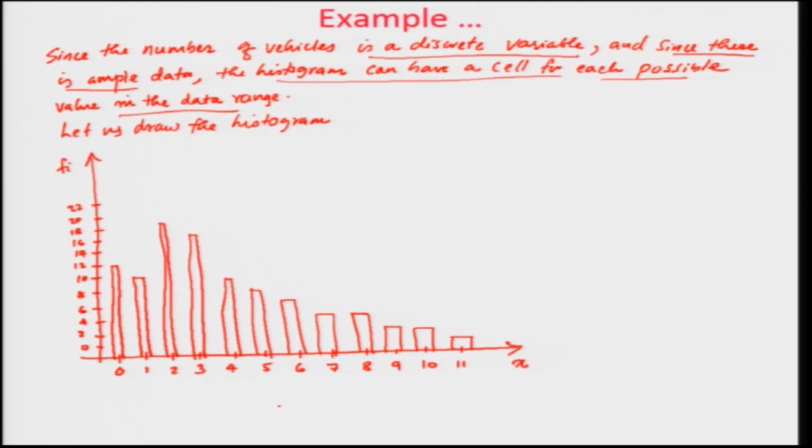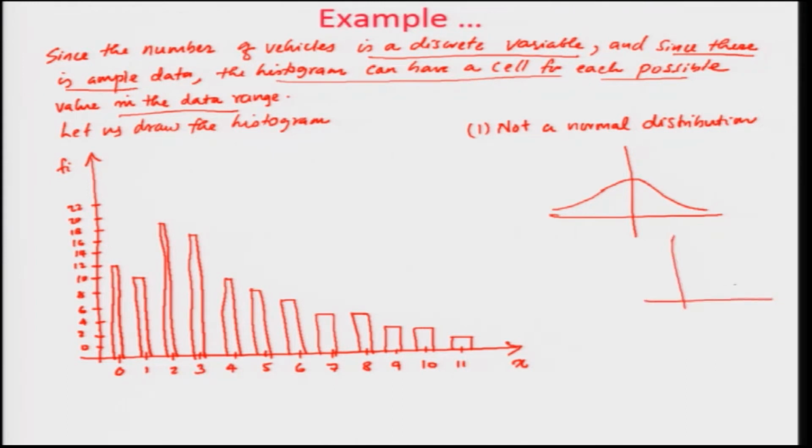Well, this is obviously not a normal distribution. So, you can obviously say it is not a normal distribution, because a normal distribution ideally would be something like this, right. You would have a symmetric curve, but you can think about a curve something like this.